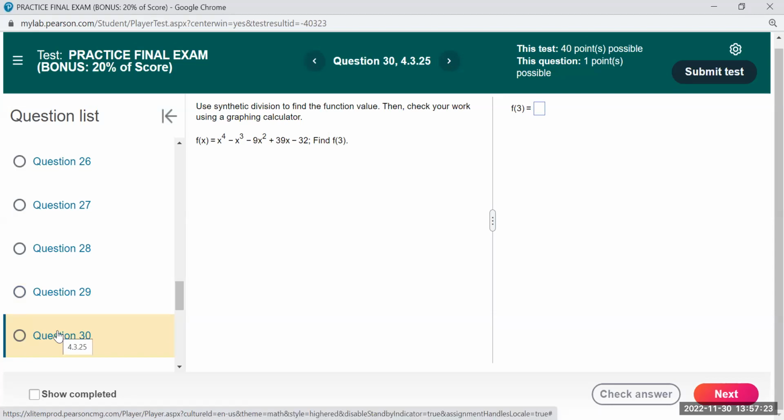Use synthetic division, find the value, then check your work. So f of x equals x to the 4th minus x to the 3rd minus 9x squared plus 39x minus 32. Find f of 3.